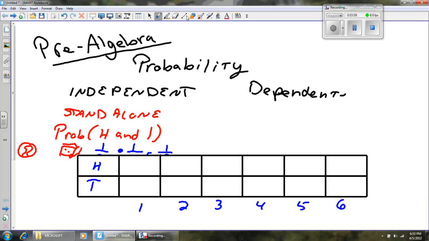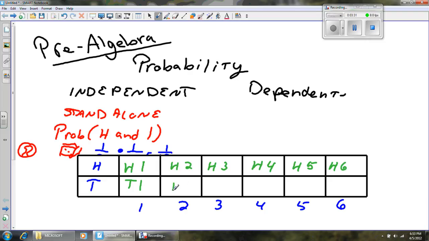Well, each box measures a different outcome. For example, this would be a heads and a 1. That's what I'm looking for. This would be a tails and a 1. This would be a heads and a 2, heads and a 3, heads and a 4, heads and a 5, and then a heads and a 6.